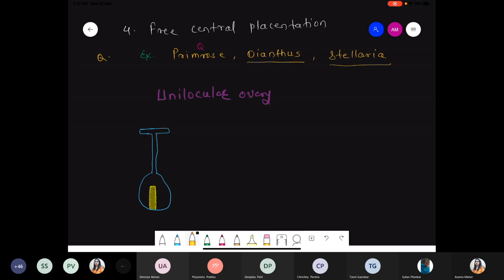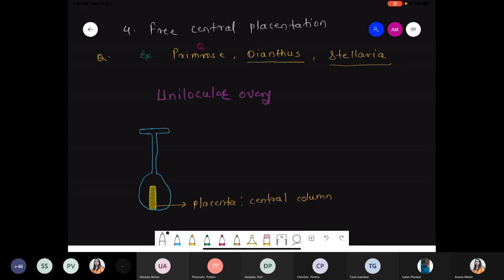These are the parts of the placenta, and in this case the placenta is present in a column. In that column it is present at the center. So that's what is called the central column of placenta. Maximum portion, the central portion, is present in a column.